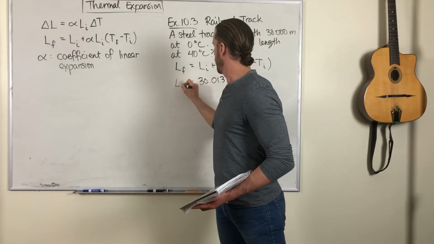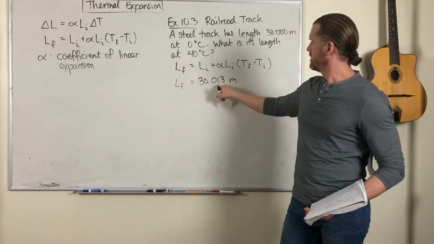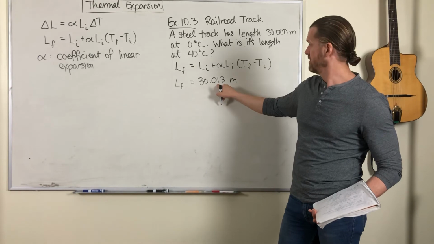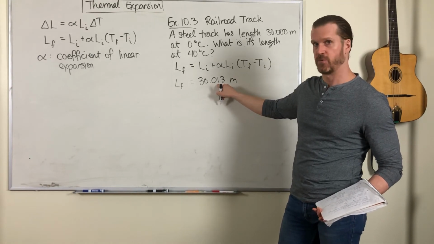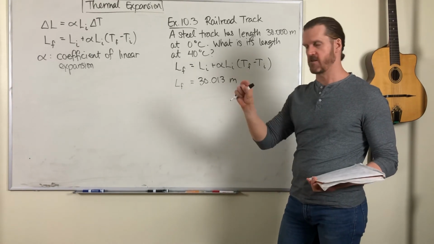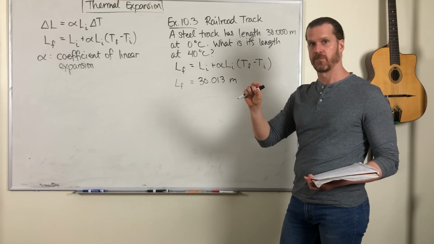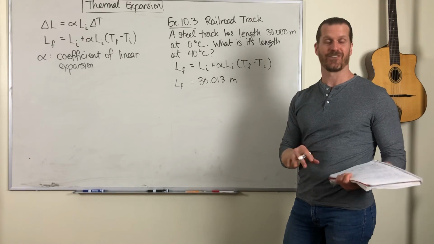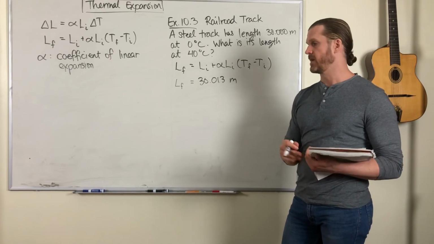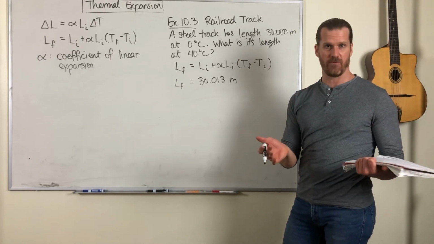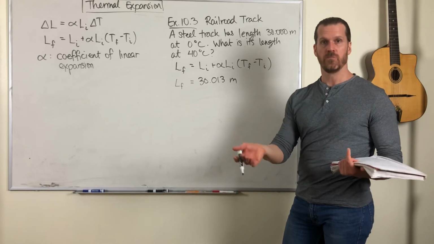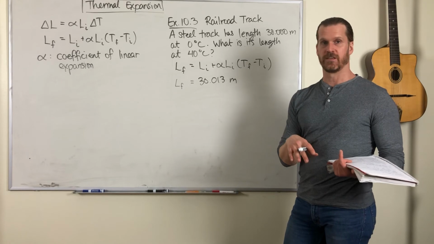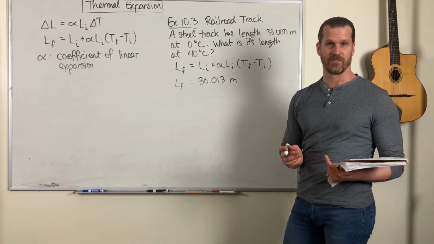Now, this is telling us that the railroad track just increased in length by 1.3 centimeters. So it got like this much longer. Now, that might not seem like a huge difference, but if you don't allow for any room for that track to expand, the only thing it can do is to buckle sideways.